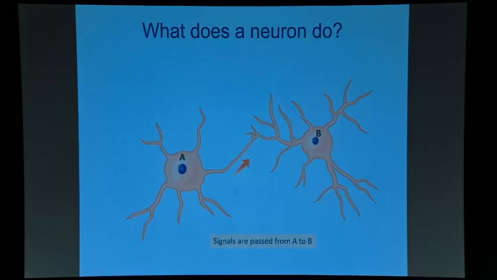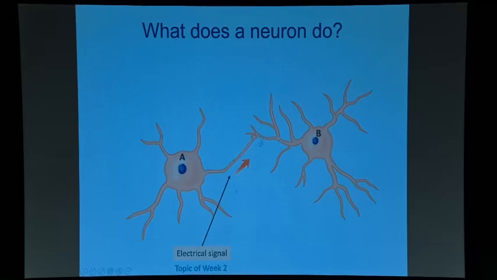This includes an electrical signal called the action potential that we'll talk more about in next week's lecture. So this is an electrical signal that's generated at one end of the axon near to the cell body and then travels down the length of the neuron's axon. And when it gets to the end of the axon, it triggers a chemical signal to be released from the axon of the neuron.